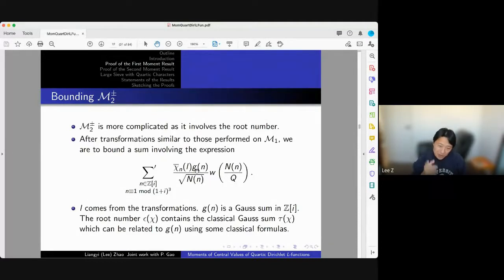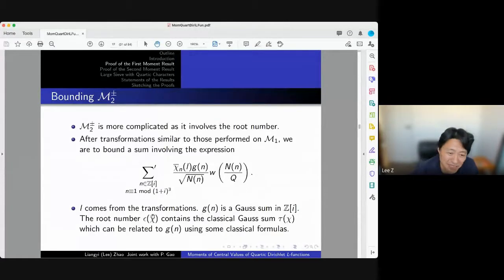So where does the root number come from? I mentioned earlier that this root number involves a kind of Gauss sum. This root number epsilon chi contains the classical Gauss sum tau of chi, the classical Gauss sum over the Eisenstein integers, and these classical Gauss sums can be related to these extensions of the classical Gauss sums, g of x.